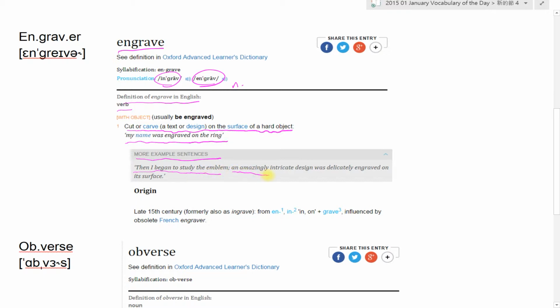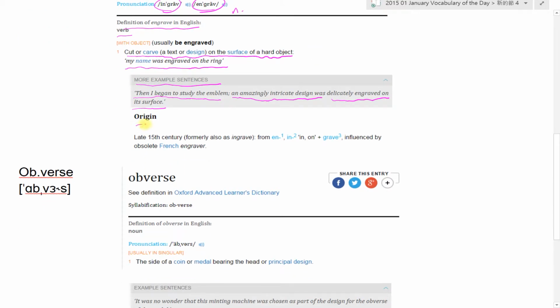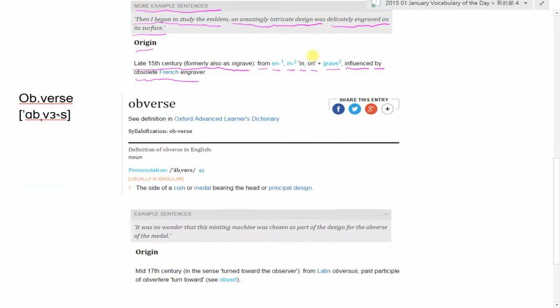An amazingly intricate design was delicately engraved on its surface. Origin. Late 15th century, formerly also as engrave. From en, in, on, grave, influenced by obsolete French engraver.